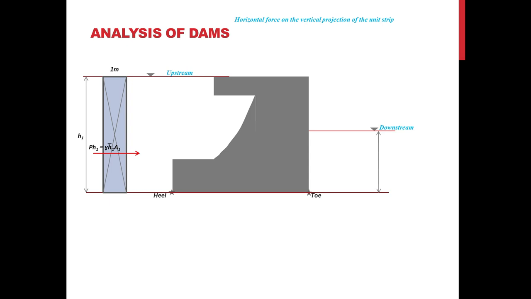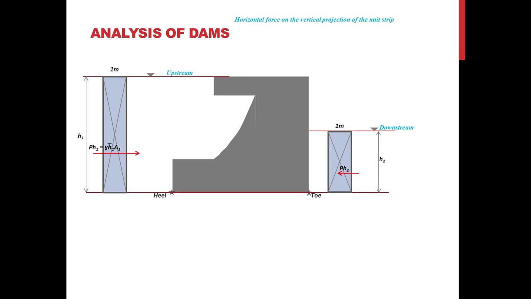Similarly, we are going to label also our head on the other side, on the downstream side. So let us say that this head is H2 and a strip of 1 meter is considered here. Then we have the hydrostatic force towards the dam.